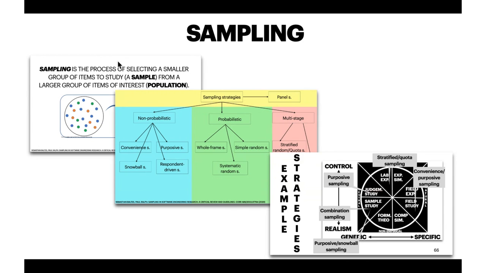Finally, panel sampling is simply a repeated sampling of the same items, the same people, the same projects. And at the very least, we have seen a couple of mappings of those sampling strategies and research strategies we have discussed last week.